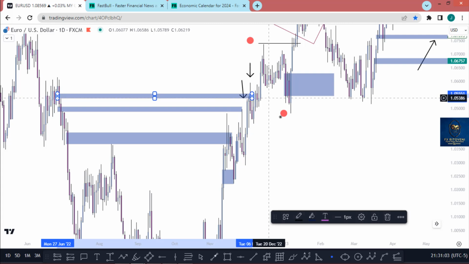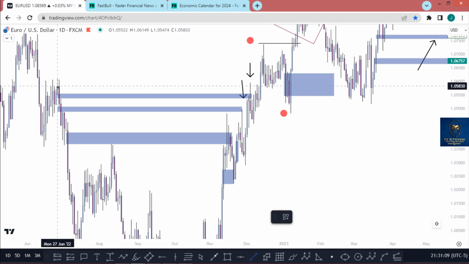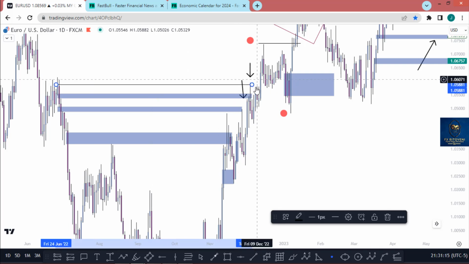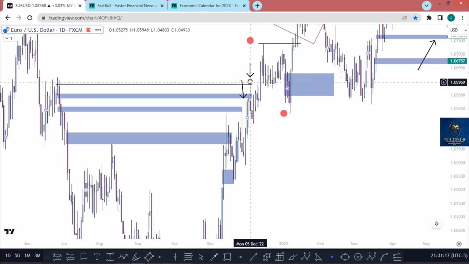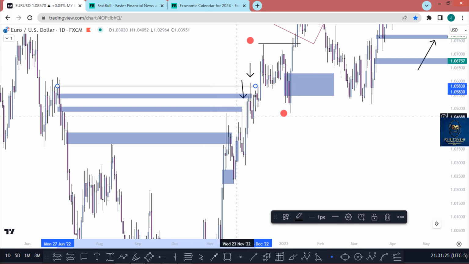The market touches the zone, then rejects, at the same time trading within your resistance level resting here. I'm not diving deep into this, guys. I'm trying to show you how to work with highs and lows.